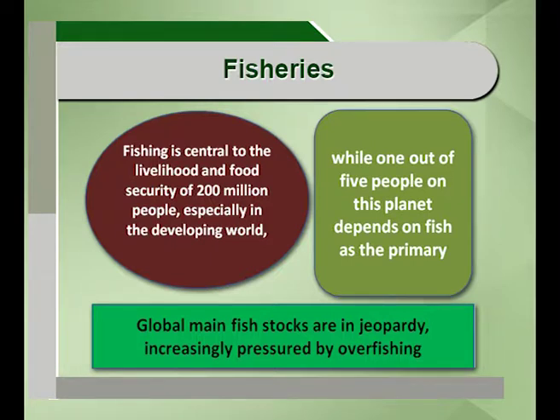Coming to fisheries, they are the livelihood security and food security of millions of people living in developing countries. Fishery is a major driver of biodiversity loss in marine ecosystems. The overexploitation of fishes is jeopardizing the entire water ecosystem.